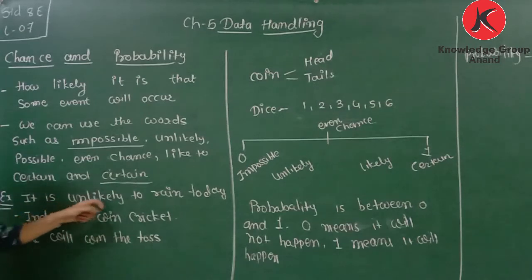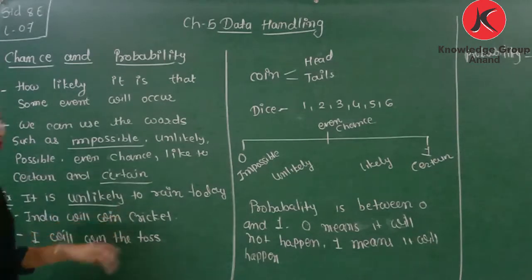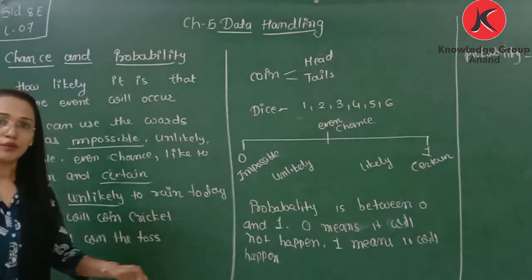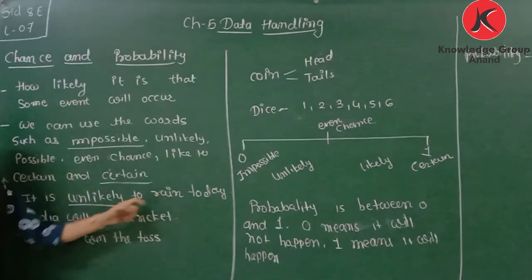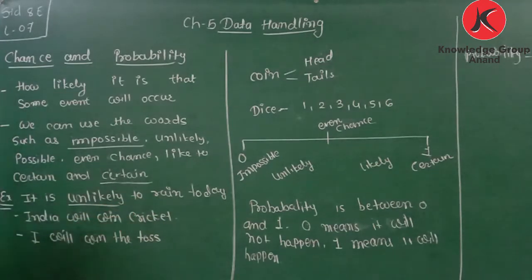It is unlikely to rain today. Unlikely means the statement says it is not likely to rain today, but it may be possible that rain may happen after the evening. So it is unlikely to rain today. So this is the probability we are considering.